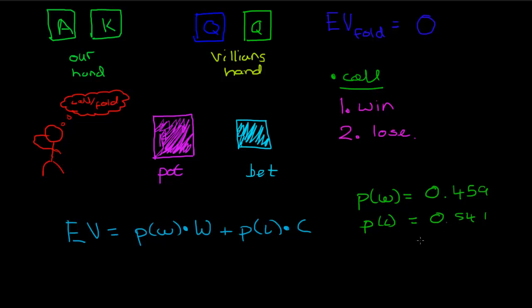Okay? Now we have to consider, what do we get if we win the hand? Our win is going to equal the pot plus the bet that our opponent makes. So if we win the hand, we get this stack here, and we get our opponent's stack as well. And our cost equals the bet, because we have to match the bet for the call. So let's say the cost equals the call, which also equals the bet.